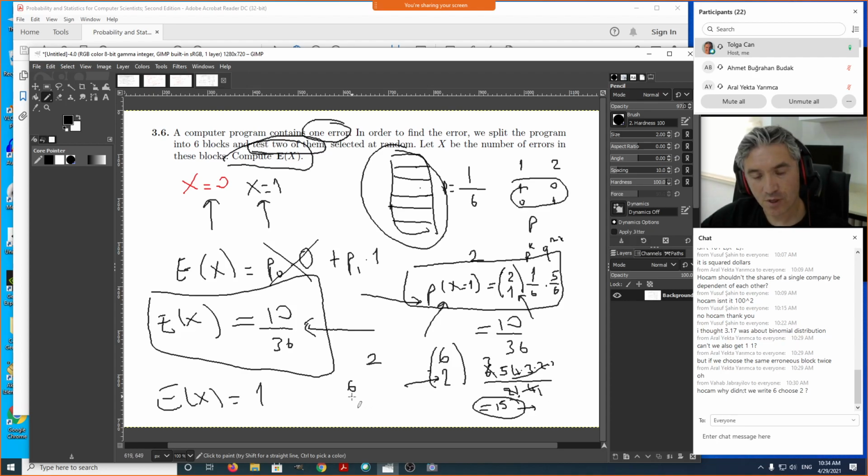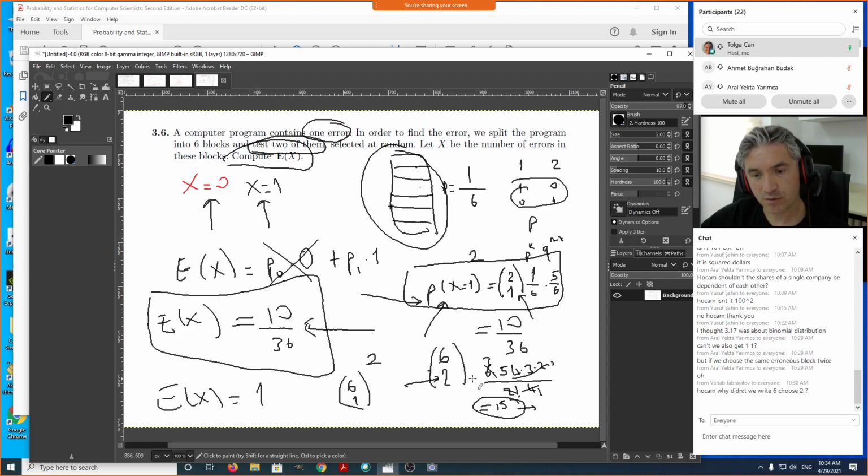So you need to also look at combinatorially how many different possible ways that the erroneous block is within these 6 blocks. It can be in either of those.